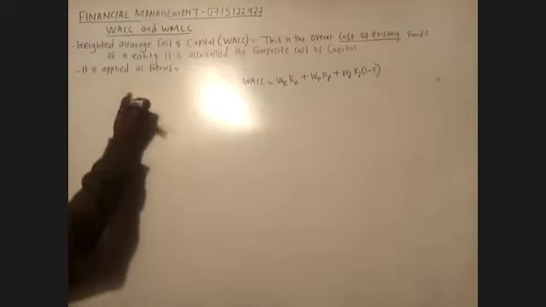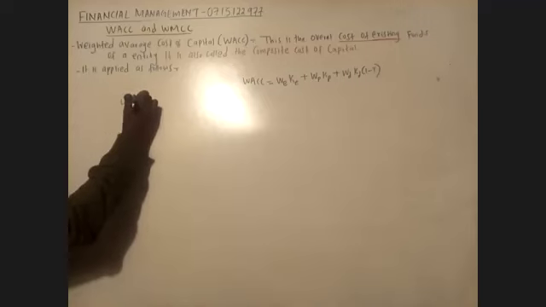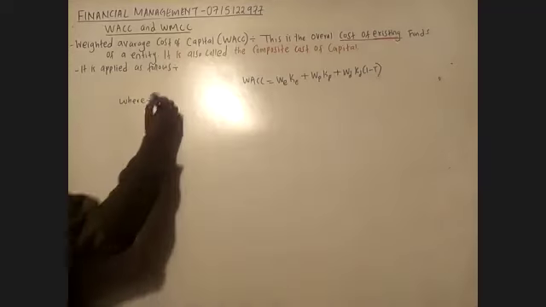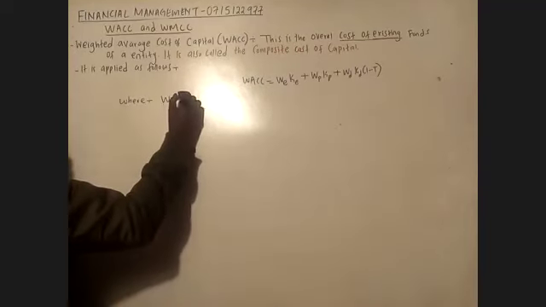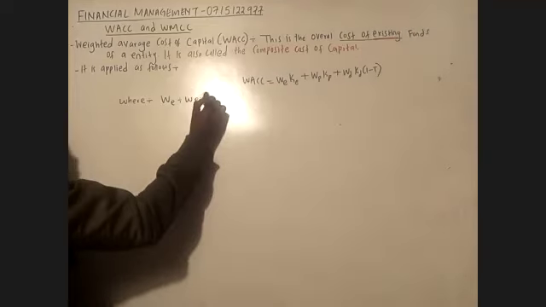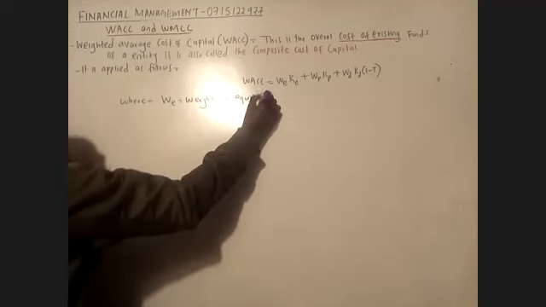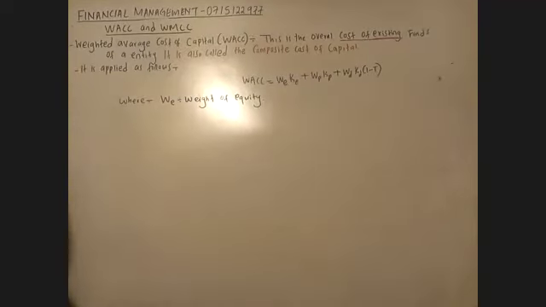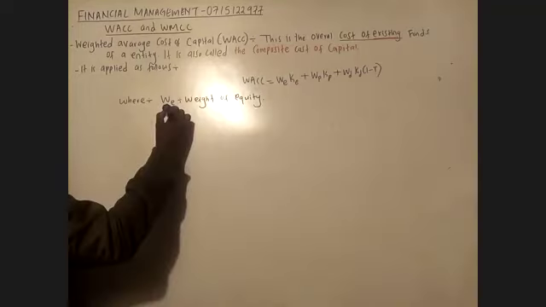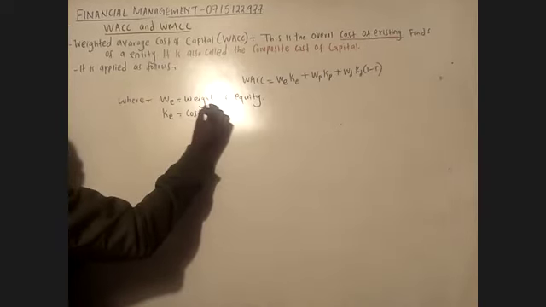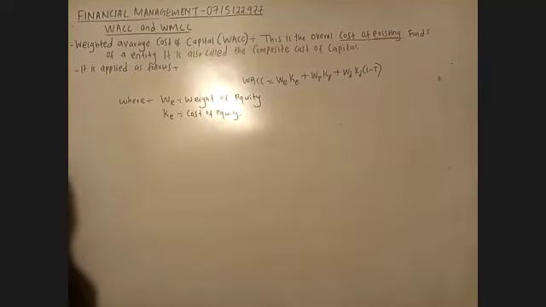Where, you can see, WE is the weight of equity. KE is the cost of equity.